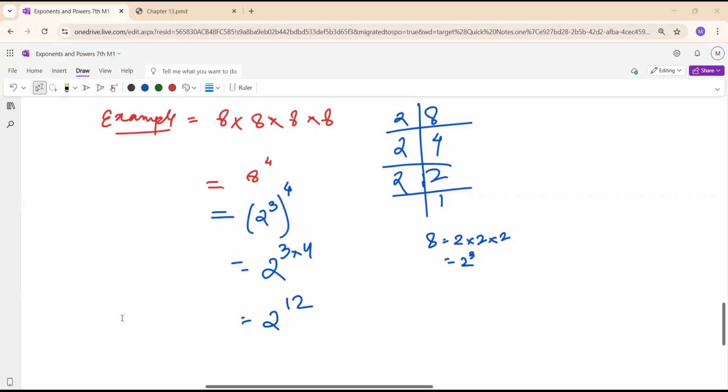Okay, Salman. Abdurrahman, are you done writing this? Just one moment, sir. I'm writing the factorization. Okay. Sir, finished. Okay.